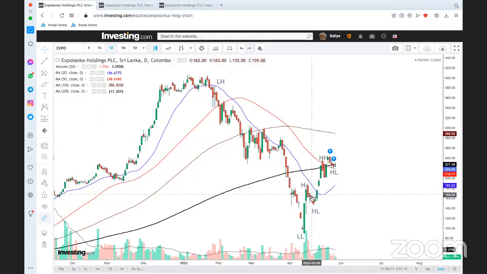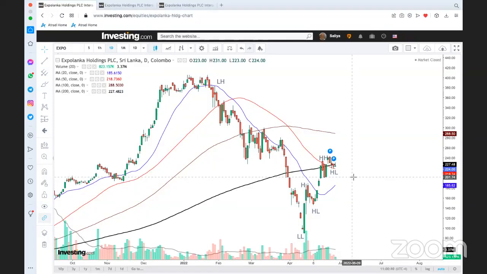And then comes down, then it goes up, breaks the 20-day moving average and moves higher. And presently, the price fluctuations are testing those two moving averages.